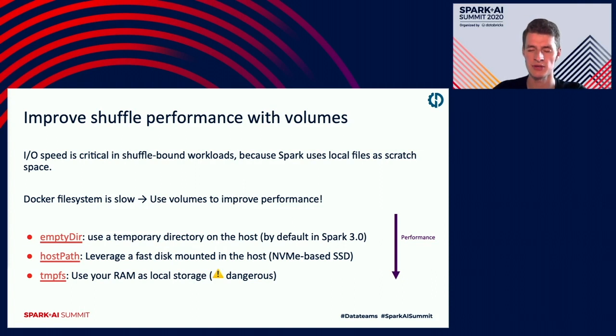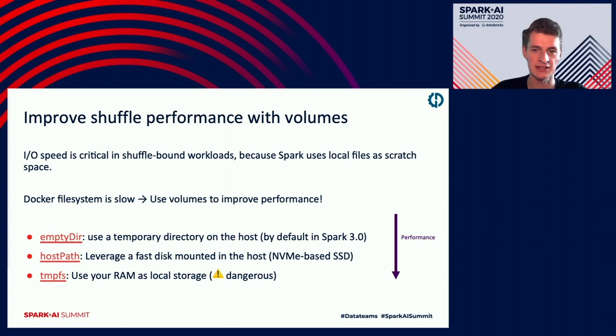There's a variety of options that you can use here. The basic solution is to mount an empty dir. An empty dir is a temporary folder in the host file system that can be used by the pod. It's implemented by default in Spark 3.0. Then if you have mounted fast disks on your node, like NVMe-based SSDs, you can mount a host path.